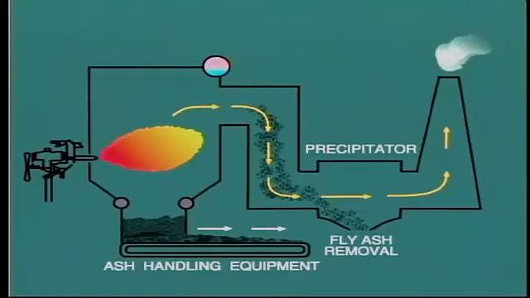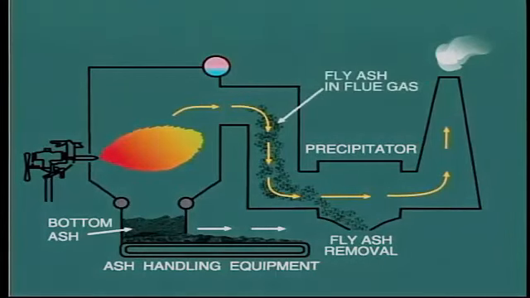We know that coal contains a considerable amount of ash. What happens to this during combustion? Well, the heavy particles fall to the bottom of the furnace, where they are removed by the ash handling equipment. The lighter particles, known as fly ash, pass on through the boiler in the gas stream to be removed in the precipitator or other particulate removal equipment.